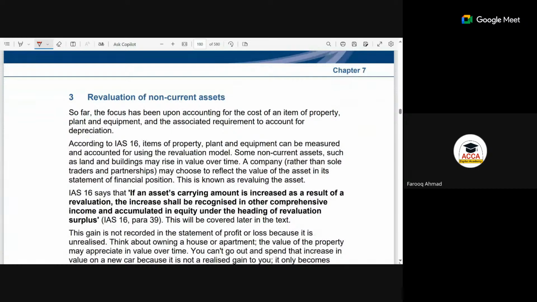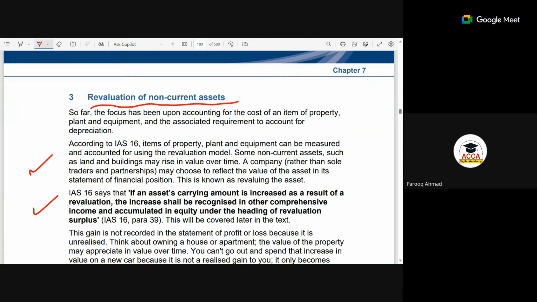Revaluation of non-current assets. According to the standards, revaluation is allowed if any problem happens to the machine or equipment. If there is a technology change, maybe they need to show the accurate, revalued figure in the books of account. It may be coming down, or sometimes the asset value or the building value is increased, so they need to make it under revaluation of the asset value.